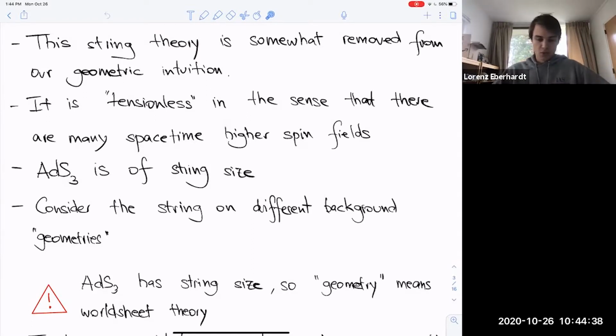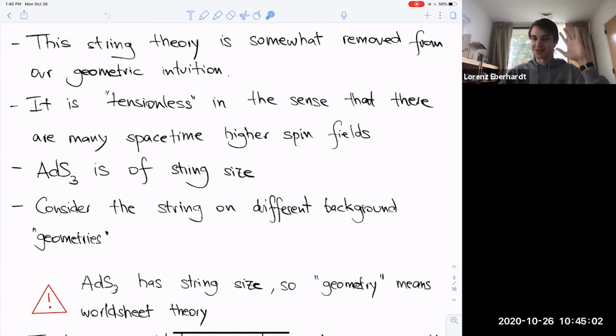Okay, so what we want to do now is to consider the string on different background geometries and try to answer these questions. And there's immediately one conceptual problem you run into, namely the concept of geometry becomes somewhat murky in this regime. So it's not clear how you would define it. What I mean by geometry always is a fixed worldsheet theory.